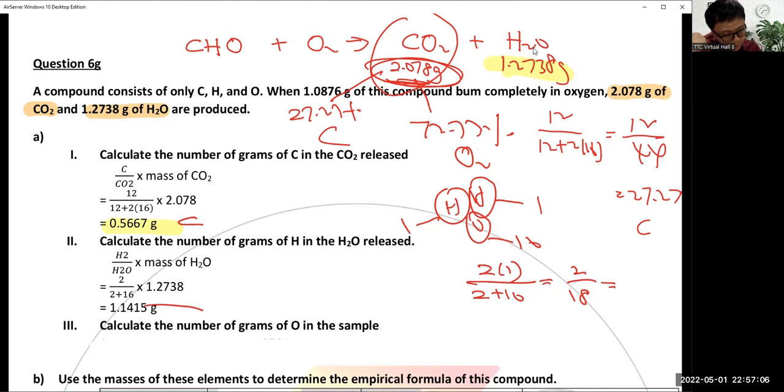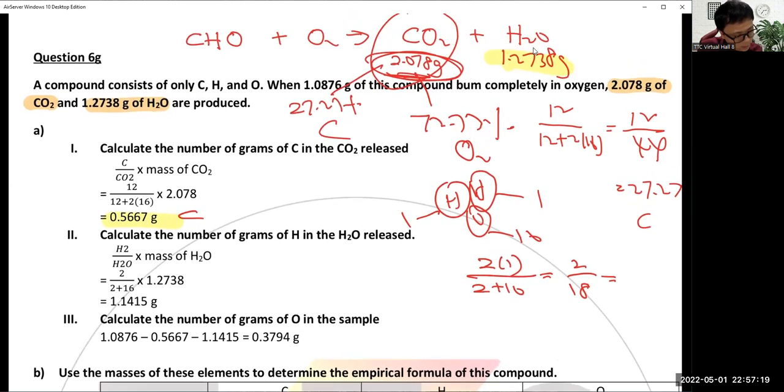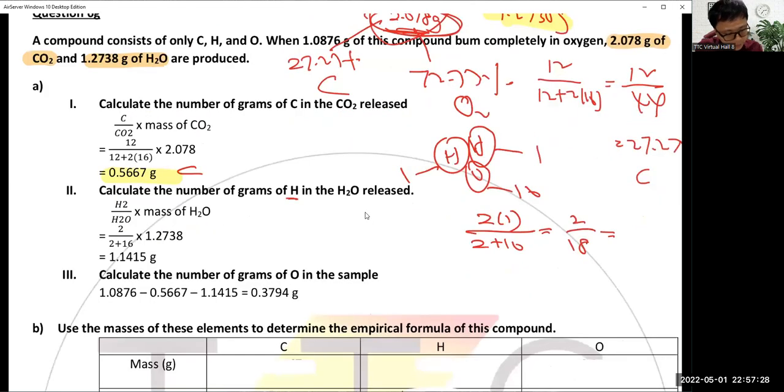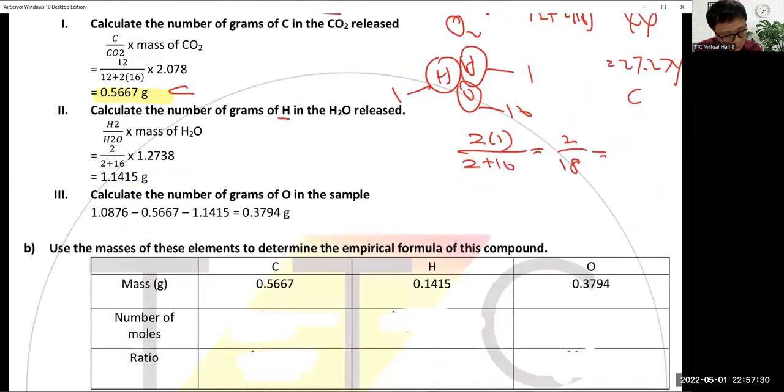This one calculation, then after that, the calculation of the number of gram of oxygen. Let me check the calculation error first. Oh, this is 0.1415. So this one is 0.1415.